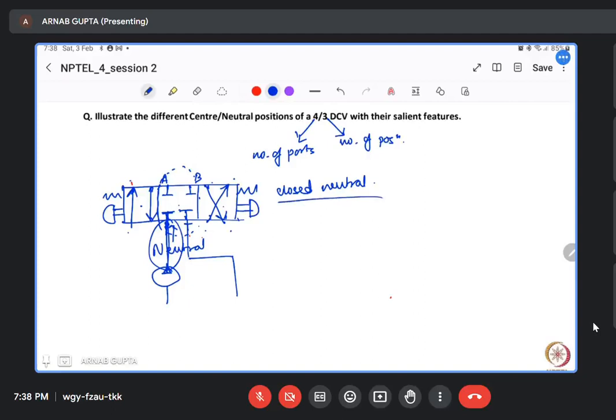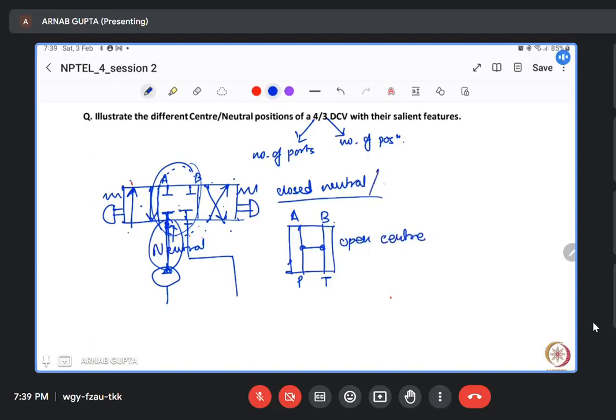There are other neutral positions. I'm just drawing the central position from now onwards. So there is another neutral position that is called open center. Open center means like this. This is your PT, this is your AB. So this is open center or neutral.